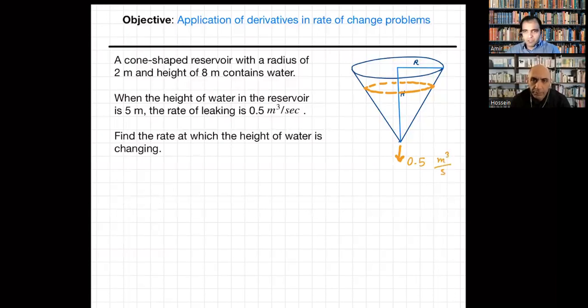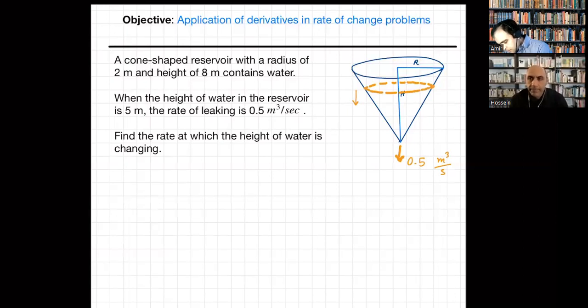So the volume of water is reduced based on this leakage. As a result, the height also decreases. The height of the water in the cone is also decreasing. In other words, the top level of the water is going down.